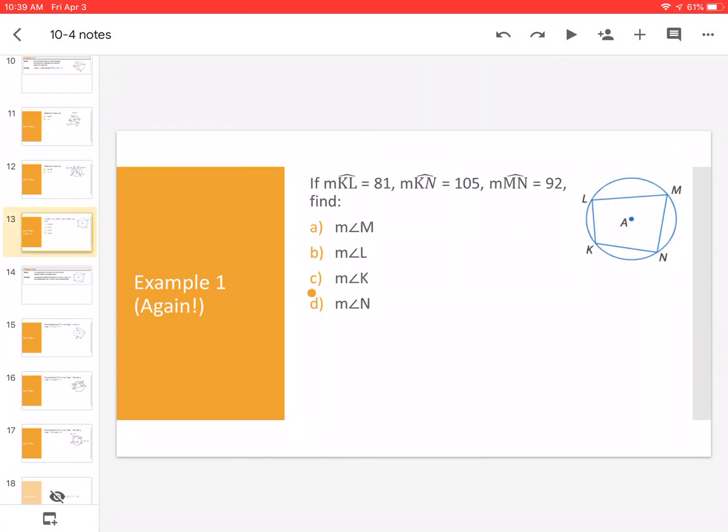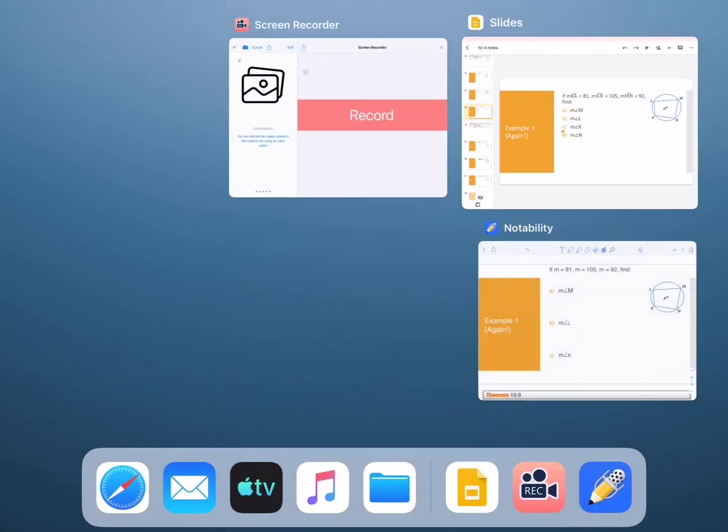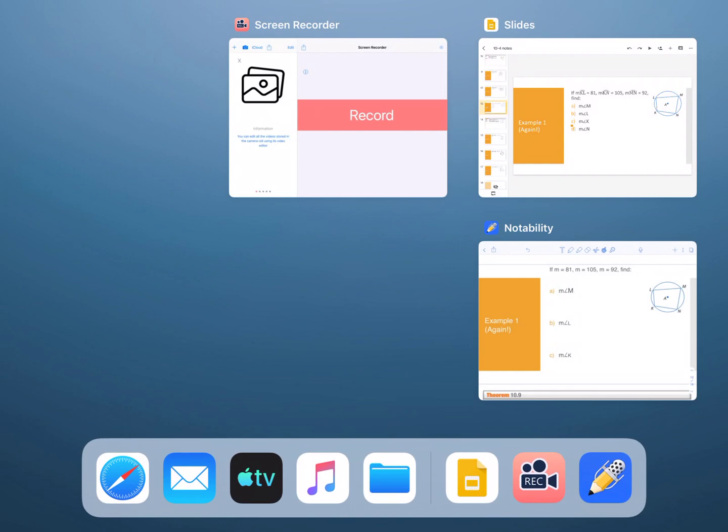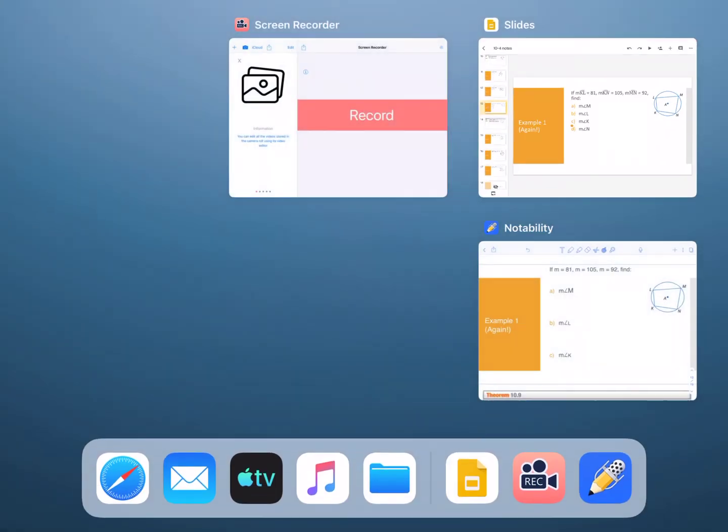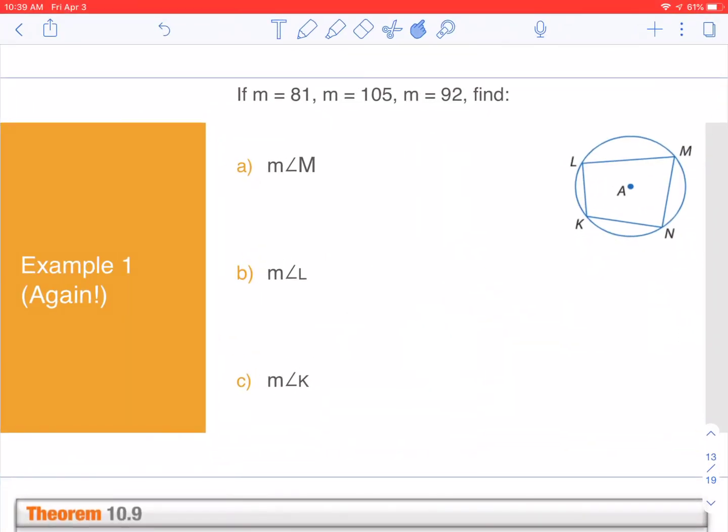Okay, KL is 81, KN is 105, MN is 92. So at 81, 105, and 92. So KL was 81. I'm just going to write them here. This was 81. This was 105.